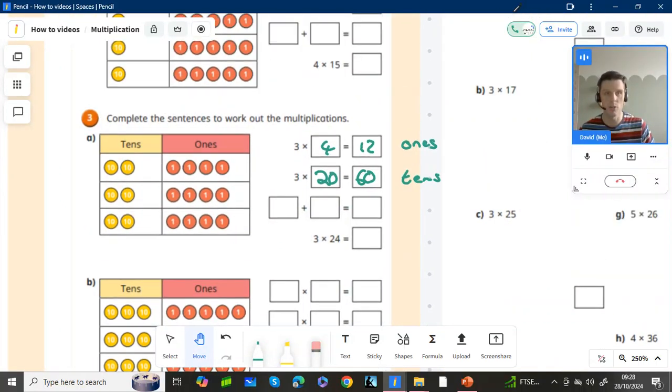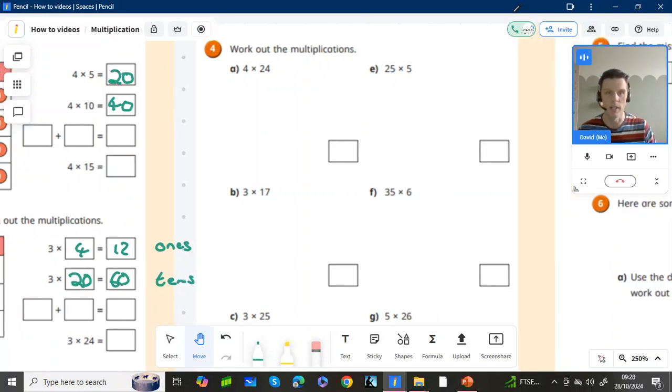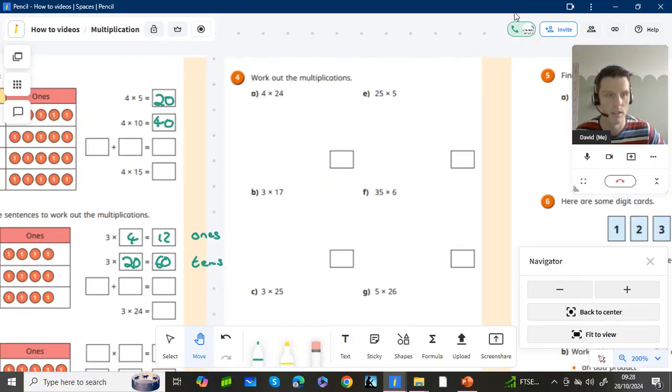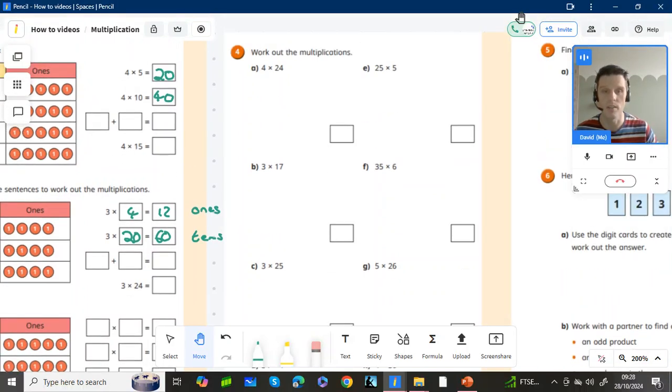Okay, moving on to our final question, question 4. So I'm going to have to zoom out a little bit for this one to get all 6 parts in. All right, so I'm going to model answering this part here.